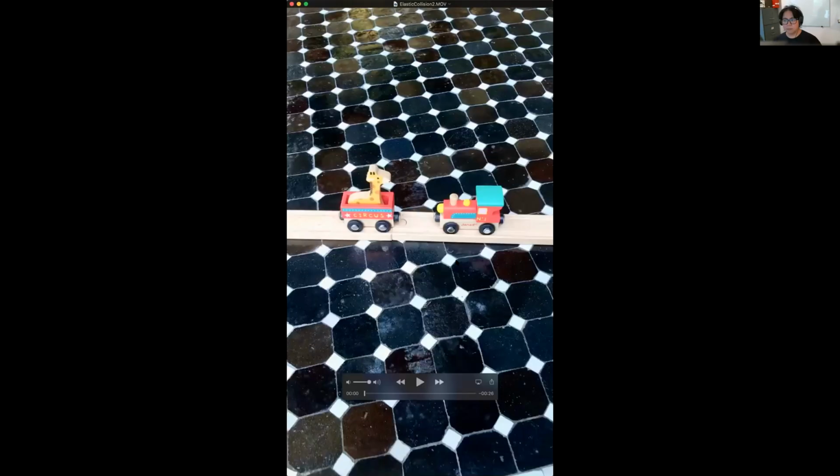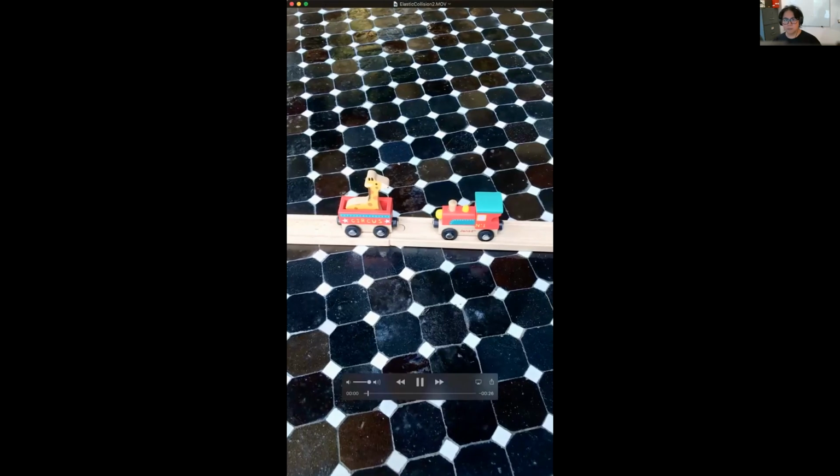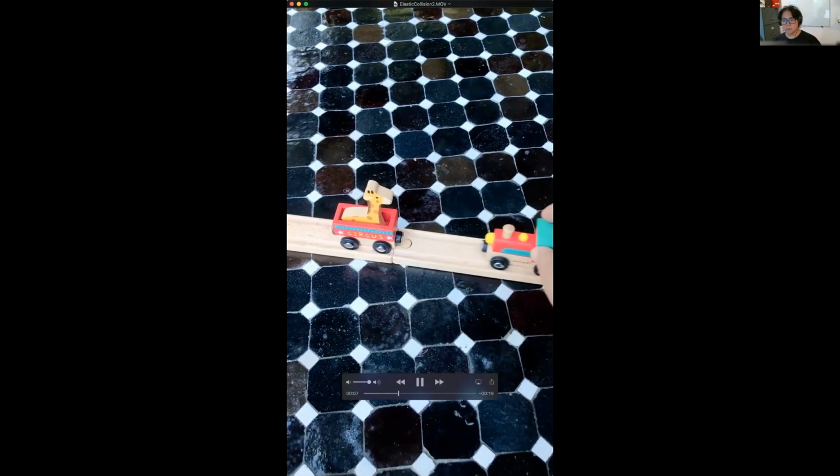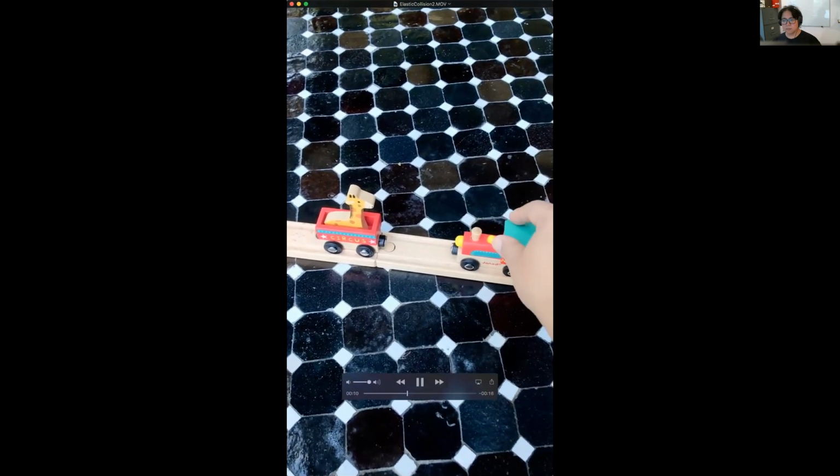Something like that. Elastic collision. One more time. Elastic collision. Same mass, one with the initial speed, the other at rest.